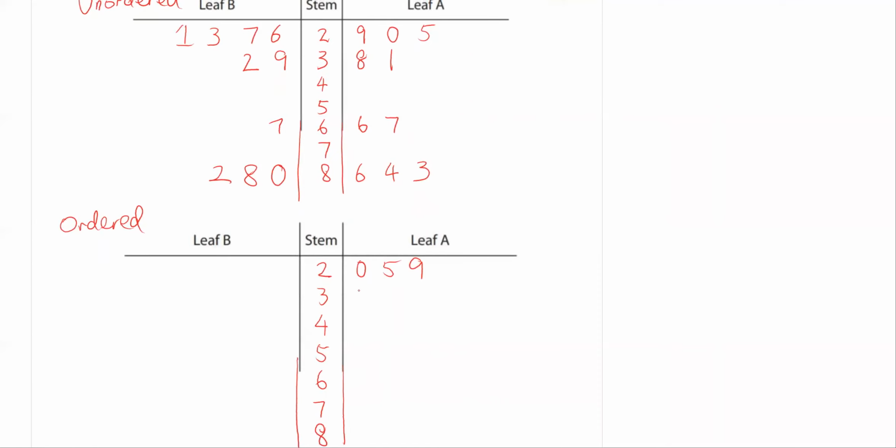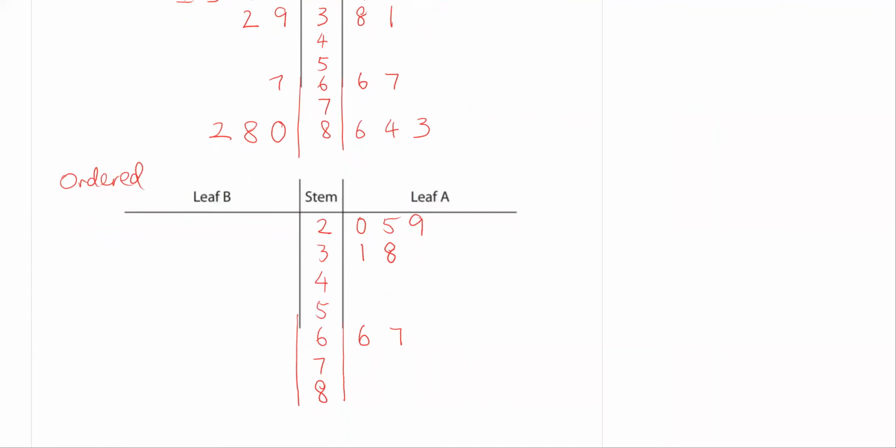Okay. So rearranging the numbers, 20 should be the smallest, then 5, 9. Then we have 31, 38. There is nothing in the 40s, nothing in the 50s. Then 66, 67. There is nothing in the 70s.